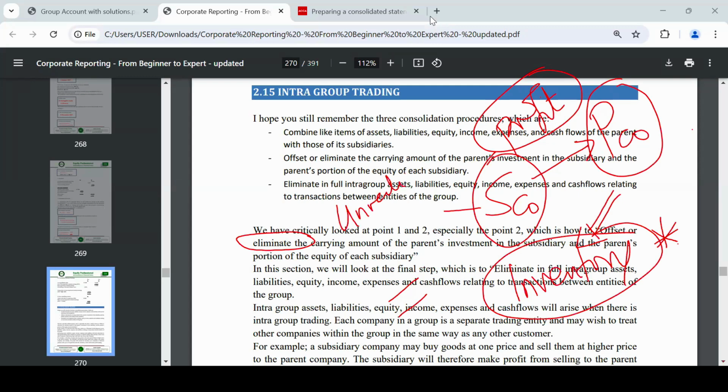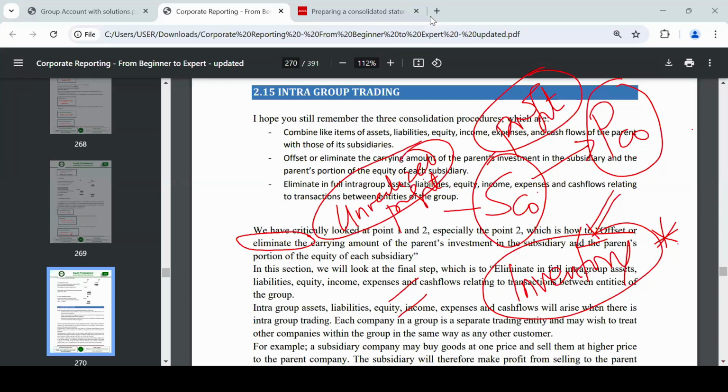We will treat it as unrealized. You know why? Because we believe that this Pico and ESCO in our consolidation will be treated as one company. So you cannot make profit off yourself. So therefore, this profit we take as unrealized profit.